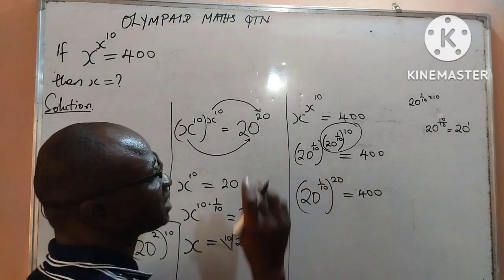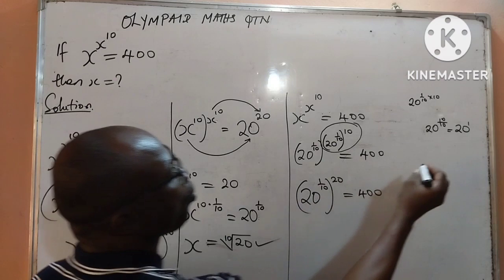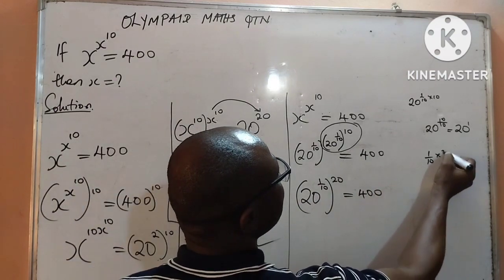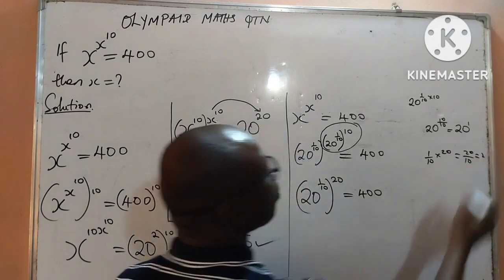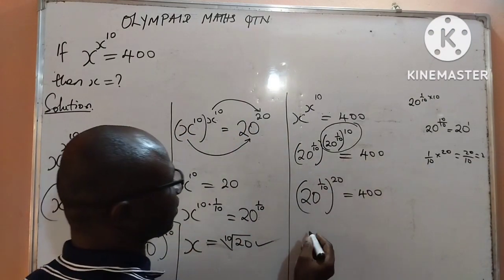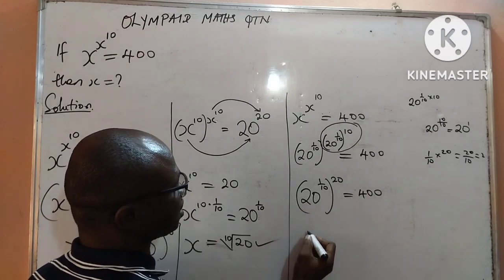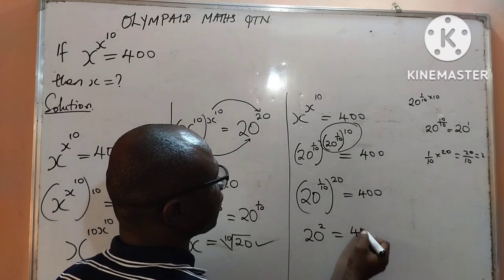We are still evaluating the left to see if it will be equal with the right. But then, 1 over 10 multiplied by 20 is 20 over 10, which is equal to 2. So, evaluating the whole of this side will now give me 20 raised to power 2 equal to 400.